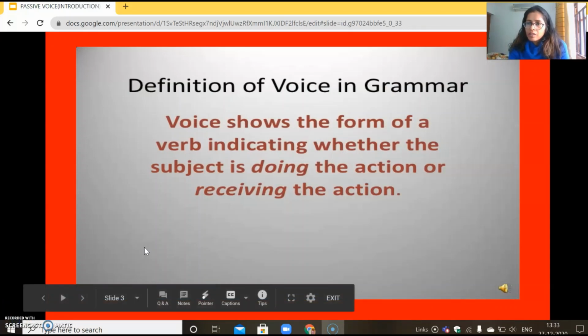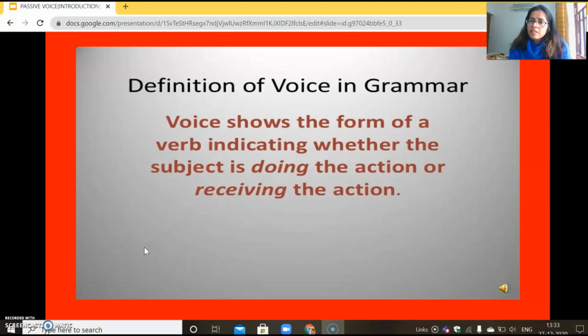Students, as you know, when we want to express our ideas, our opinions, our views, or even our feelings, we need sentences, right? Without sentences, you cannot express your feelings, your ideas, or your opinions on any topic.